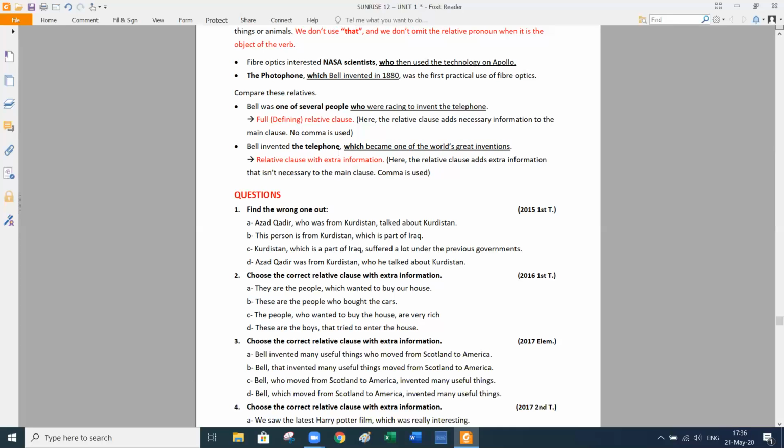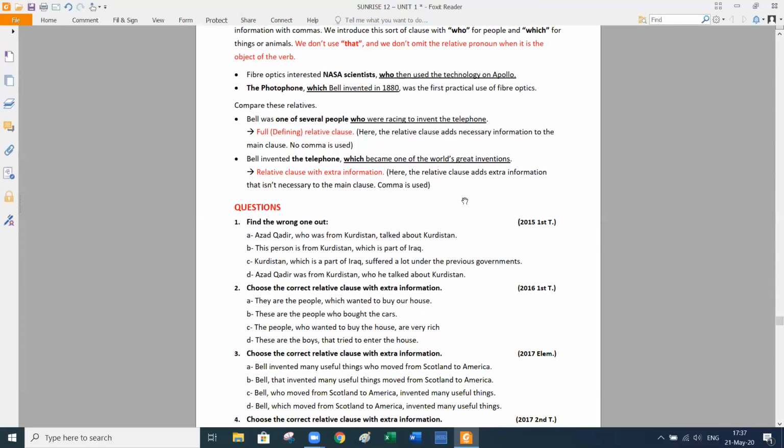So we separate it with a comma, and this is a non-defining relative clause, or relative clause with extra information. Again, here the relative clause adds extra information that isn't necessary to the main clause. It does not complete the meaning of the main clause. So a comma is used to separate it from the main clause. I hope that's clear, that's understood.